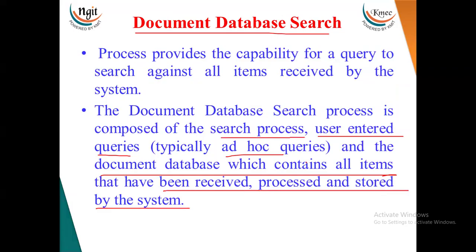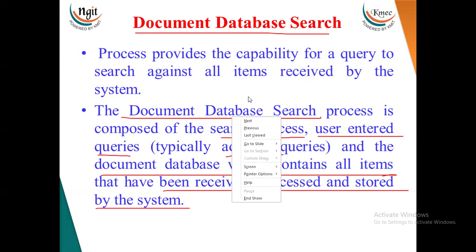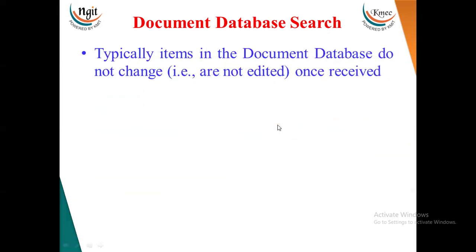It only searches for the keywords we give. All the queries are given to the system, and it concentrates on all the documents present in your database. So this is just a document-based database search.